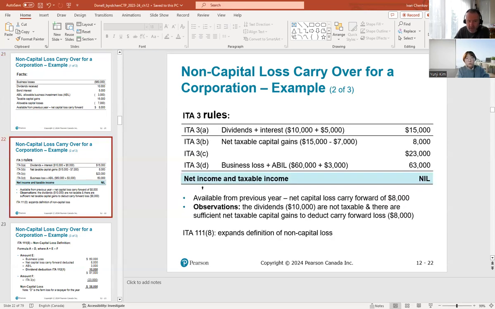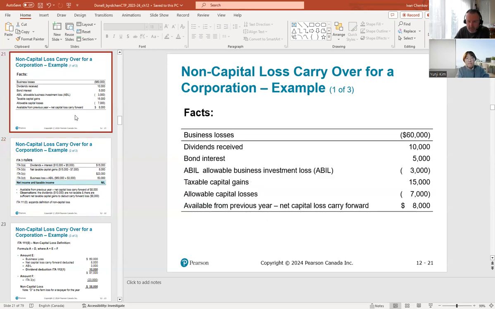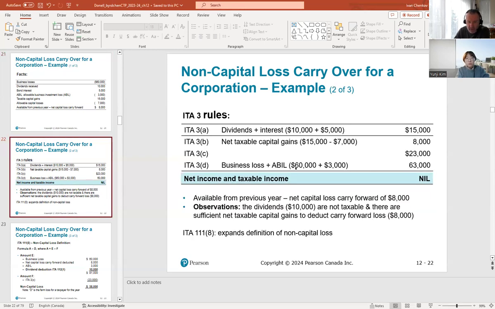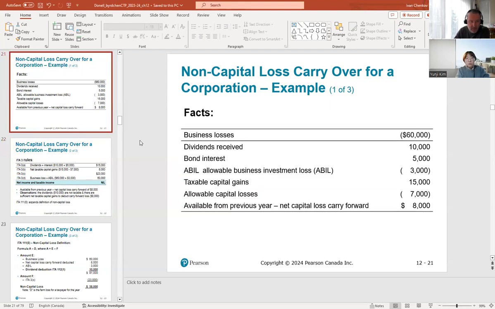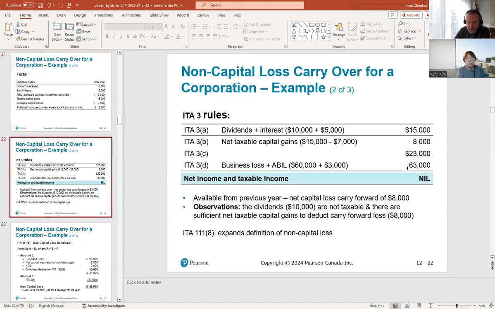Then from those two, we're going to have 23. Business loss, we have the 60 plus the allowable business investment loss 3, that's 63. That will be net income for tax purposes.